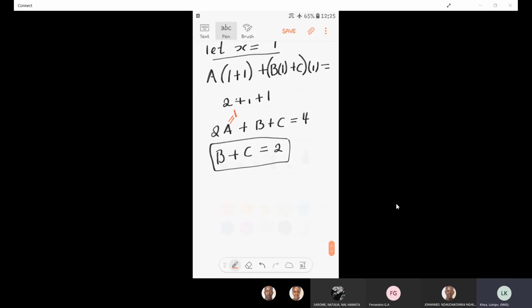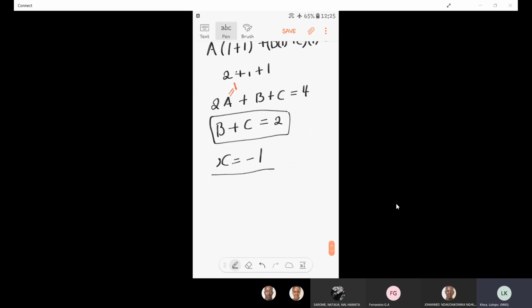Then now I will also substitute x is equal to minus 1, because this is one equation. This is one equation and I have two variables, so I need another equation like I did in the previous question. So when x is equal to minus 1, and where am I?